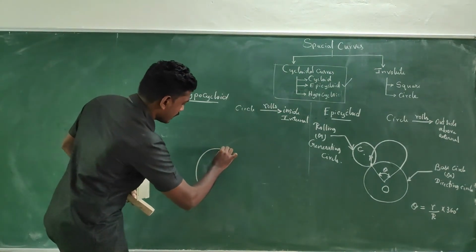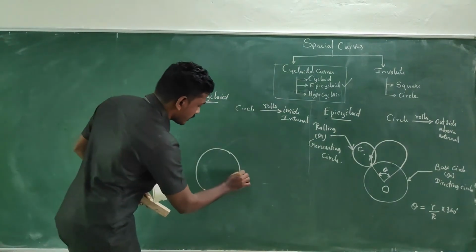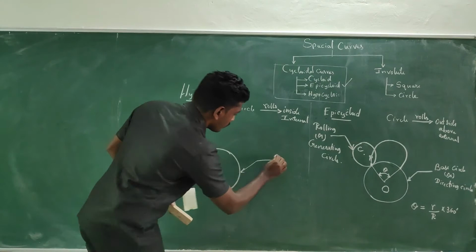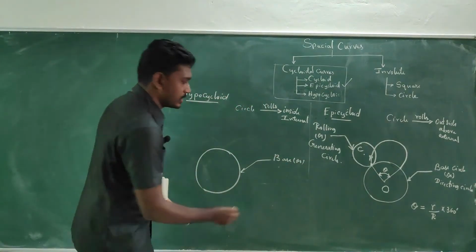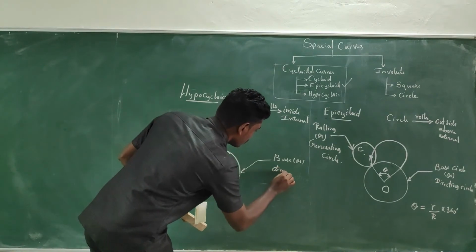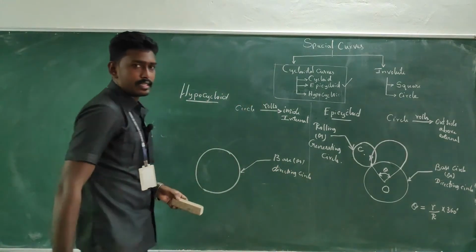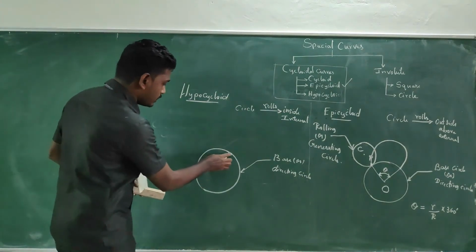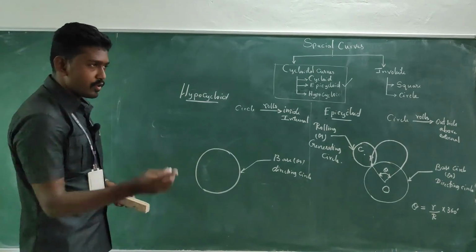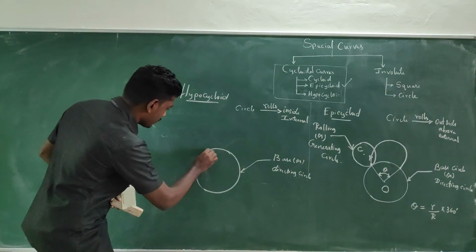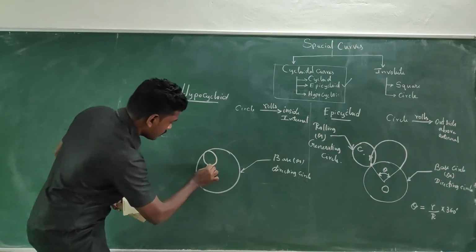So there is a circle which is a base circle, or directing circle, and inside this base circle we have the rolling circle. So we will have the arrangement like this.